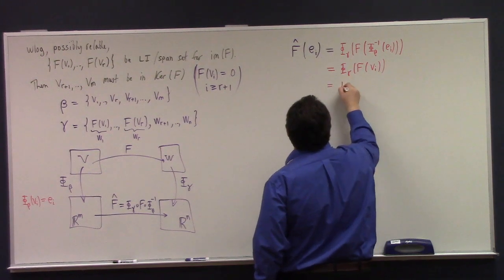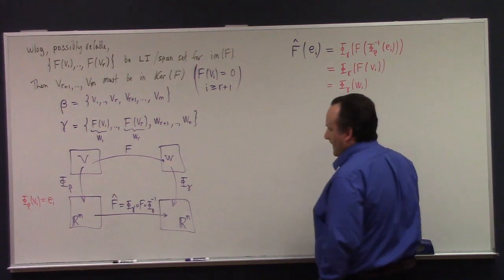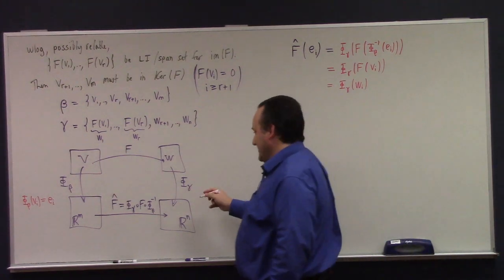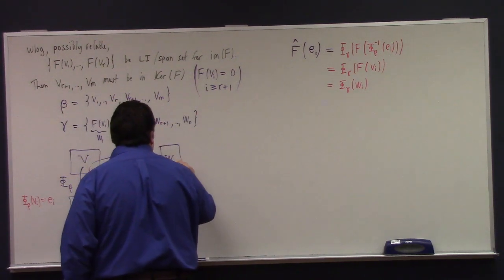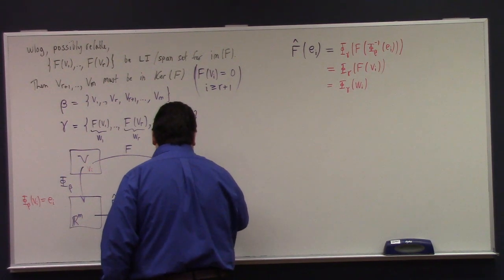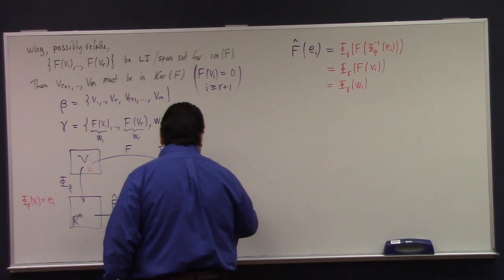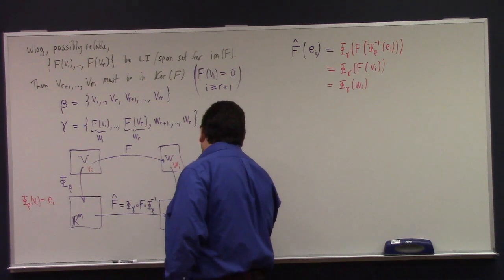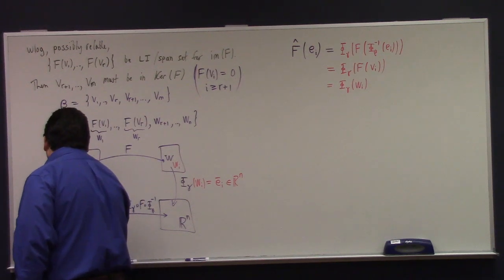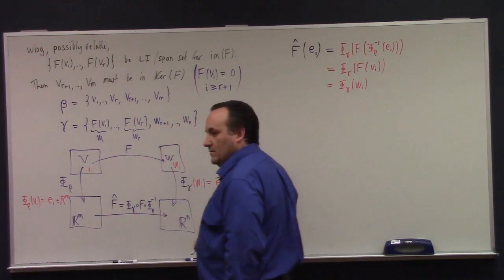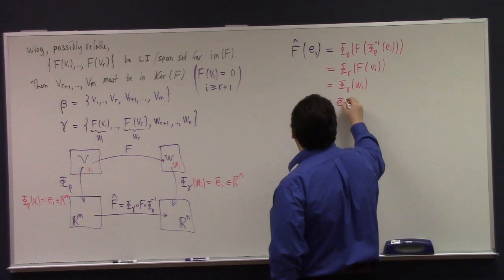But f of vi by construction was what? wi, right? And how does this work? This has basis vi up here, I got basis wi over here, and so phi gamma of wi is equal to, let us call it e bar i, just to emphasize that this is an element of Rn, whereas this was an element of Rm. So this is straight up e bar i.